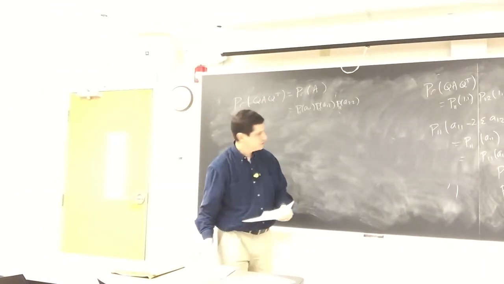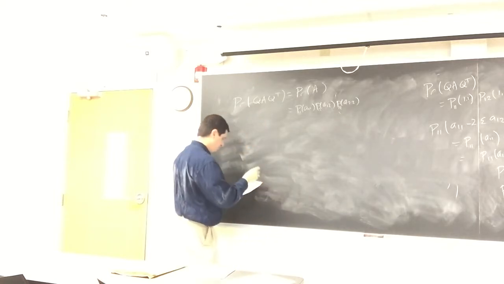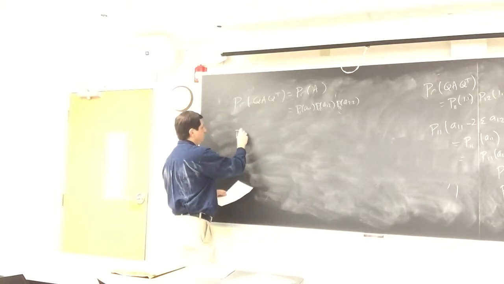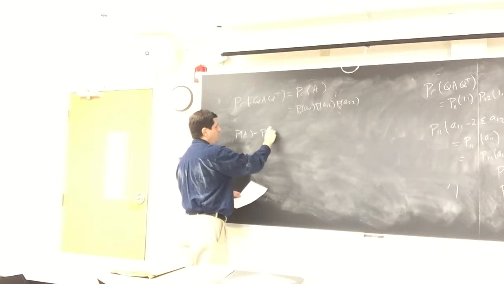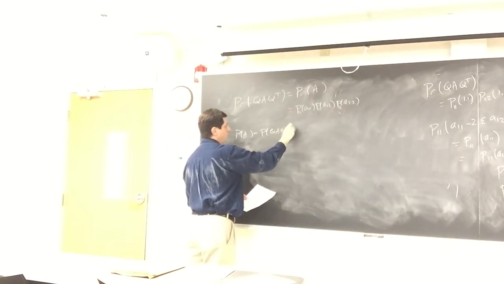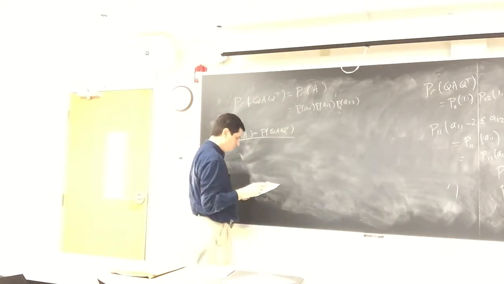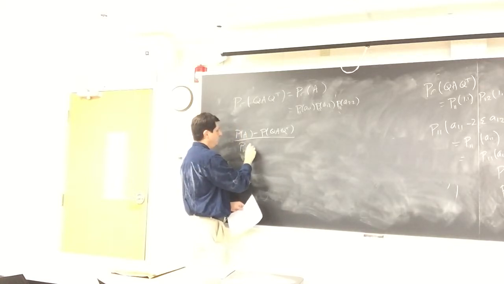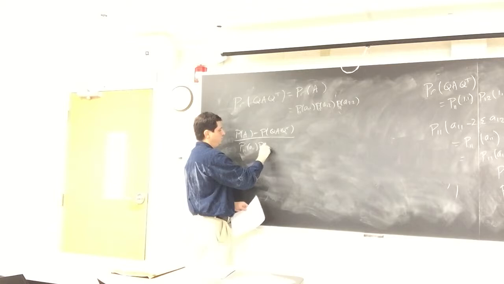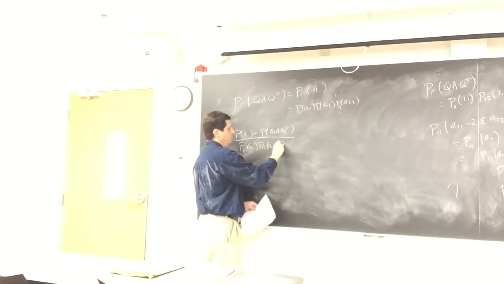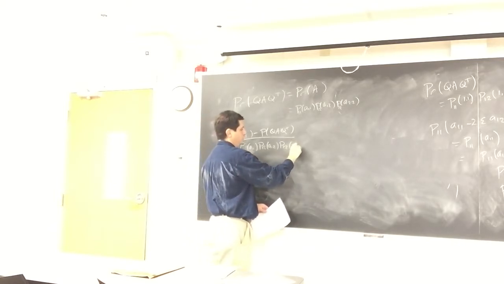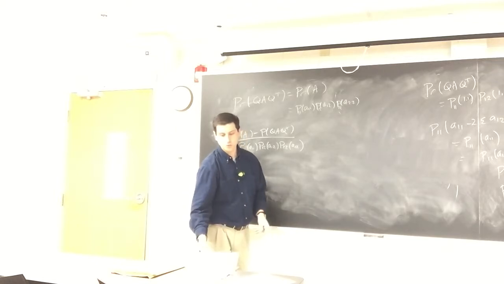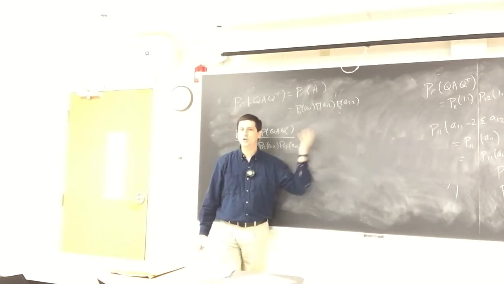And so I'm going to skip ahead with some of the algebra, and I'm going to just look at the probability of A minus the probability of QAQ transpose. And then just to make life a little bit easier, I'm going to divide by P11 of A11, P12 of A12, P22 of A22.